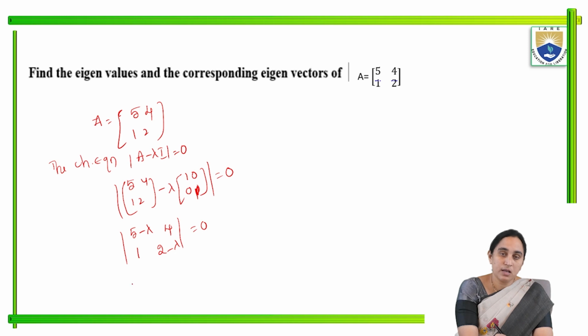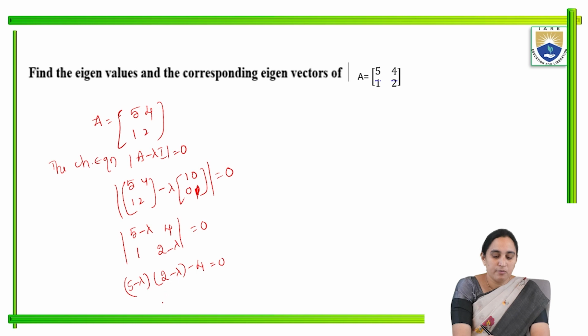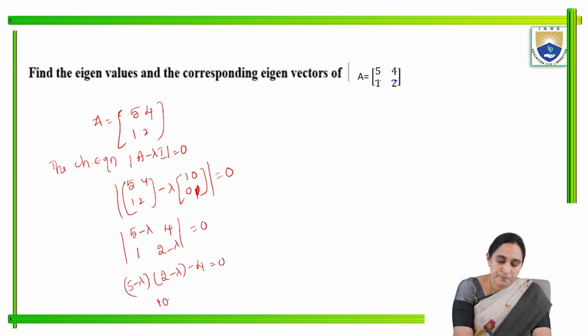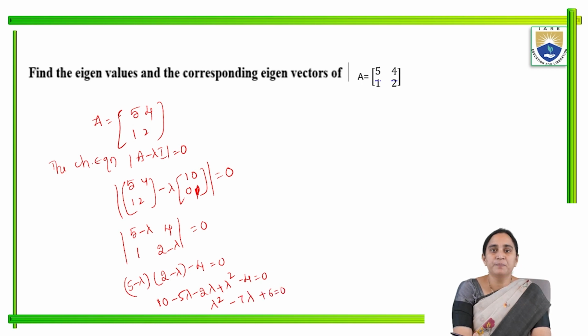After that, find the determinant: (5 minus lambda)(2 minus lambda) minus 4 is equal to 0. That is 10 minus 5 lambda minus 2 lambda plus lambda square minus 4 is equal to 0, that is lambda square minus 7 lambda plus 6 is equal to 0.